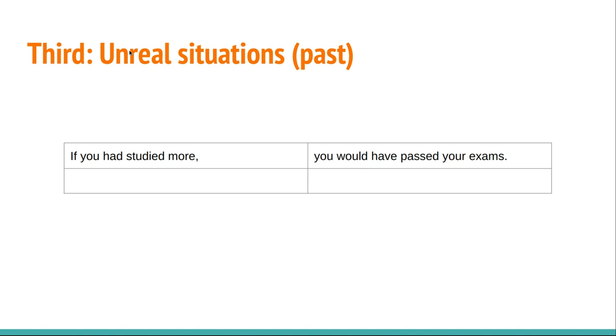Okay. Now, the third conditional is used for unreal situations, but in the past, whereas the second one is in the present and the future. If you had studied more, you would have passed your exams. You didn't. Okay?